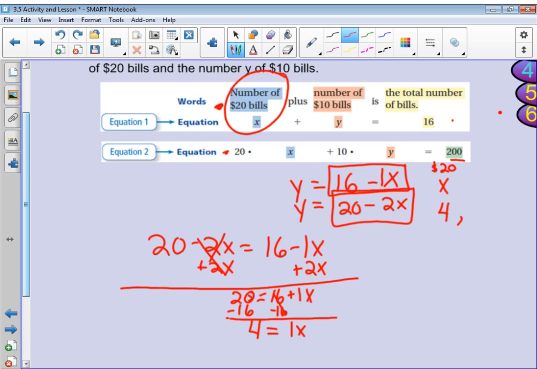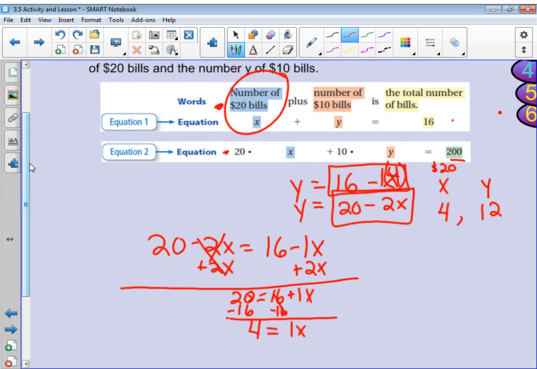Okay, so for my Y's, I can go through and pick one of my original equations. If I pick it maybe here, my original equation even before I solved for Y, I could go ahead and put a 4 right here. So if I do 1 times 4, that's going to give me 4. 16 minus 4 is going to give me 12.